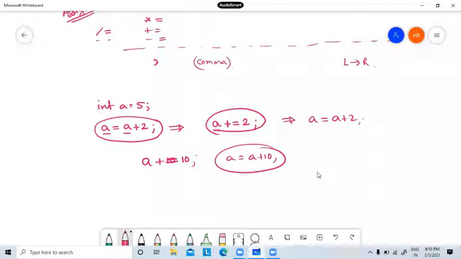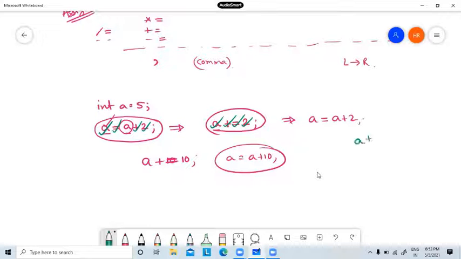See, what is the basic difference? How is it helping us? I don't need to write A 2 times.